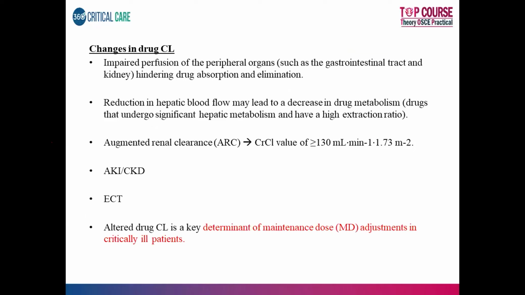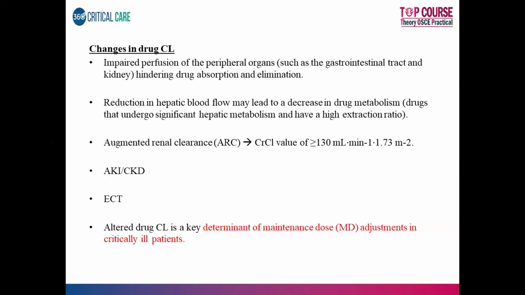When the drug metabolism is decreased, clearance also will be decreased. Third important thing, in the early stages of your sepsis, the most important concept, your augmented renal clearance. In such cases, if you give a normal dose of antibiotics, that would not be sufficient for this patient. Okay, so augmented renal clearance is one of the factors.